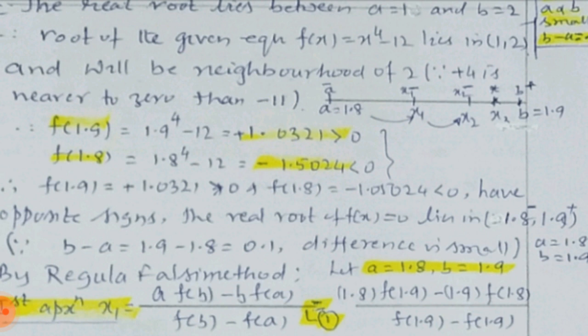Let a is equal to 1.8, b is equal to 1.9. Substitute in 1, we get 1.8 into f of 1.9 minus 1.9 into f of 1.8 divided by f of 1.9 minus f of 1.8.